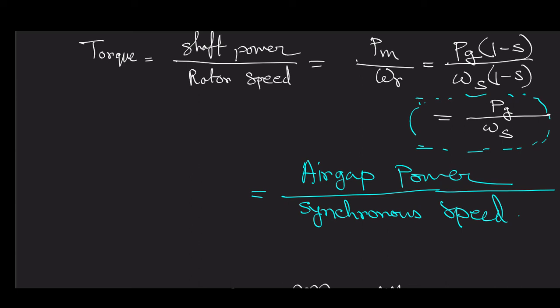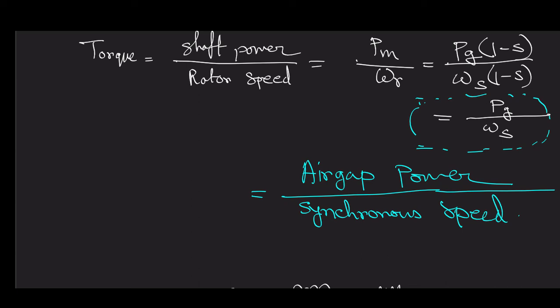So for simplicity, we can consider it constant. The actual torque is just the air gap power scaled, or divided, by the synchronous speed, 1 upon synchronous speed. If we do not do this scaling, for ease of representation, we get the torque in synchronous watt.